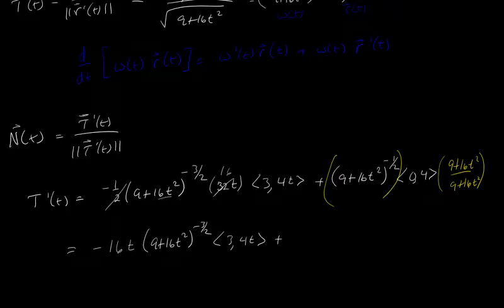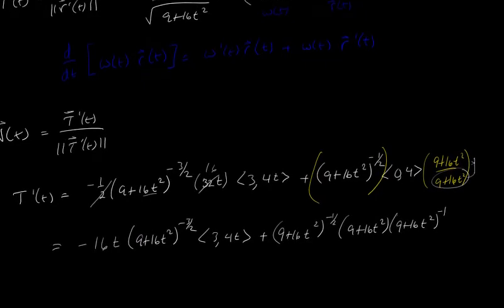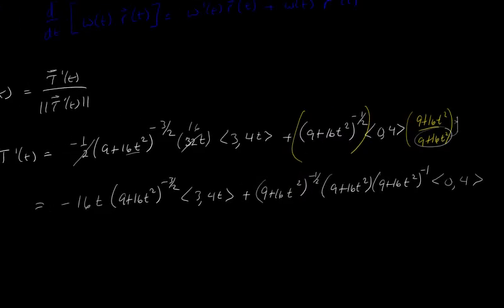plus, if I do this, I've got (9 + 16t²)^(−1/2) times (9 + 16t²)^1 times (9 + 16t²)^(−1). If I move this to the numerator, I give it a negative exponent, and that is being multiplied by the vector ⟨0, 4⟩.